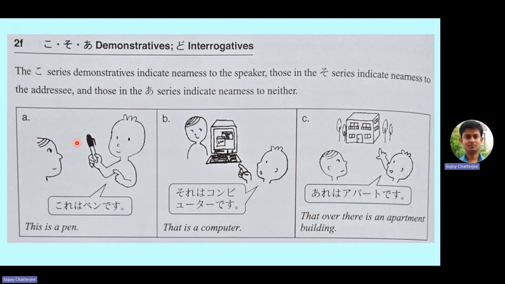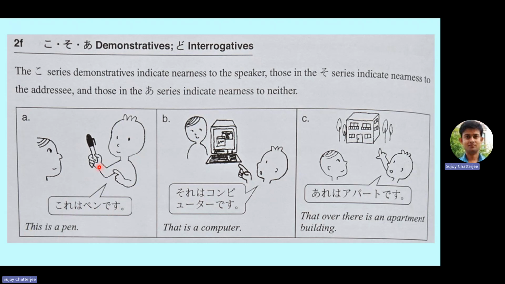So as you can see in the first figure, this is the speaker. He is saying something. He has the pen in his hand. So he is saying, Kore wa pen desu. So see, ko. This is the ko demonstrative. Kore is one of the ko demonstratives. Kore wa pen desu. That means this is a pen.